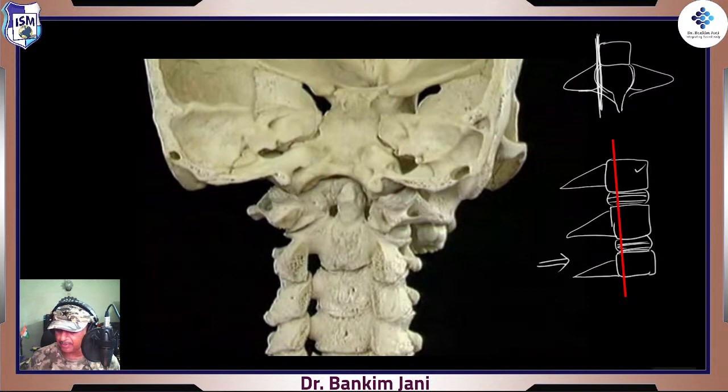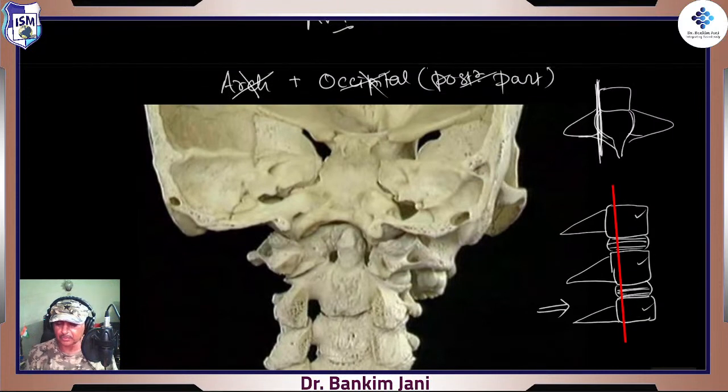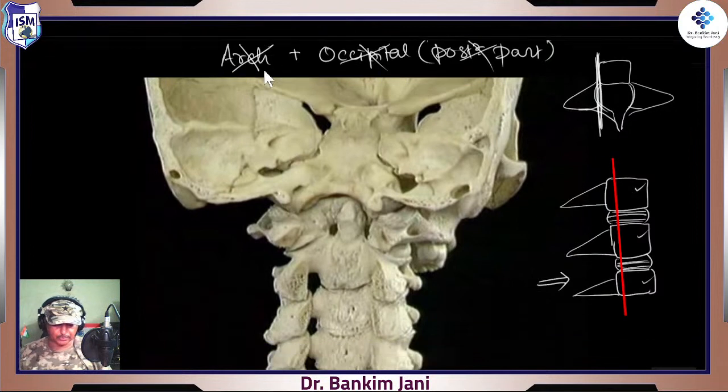It means we'll be able to see the body, and we will not see the spinous process, etc., because all those have been removed. I'll write on the top that the arch is cut, plus on the top there is the occipital bone. The posterior part of the occipital bone we are also removing. So that's removed.